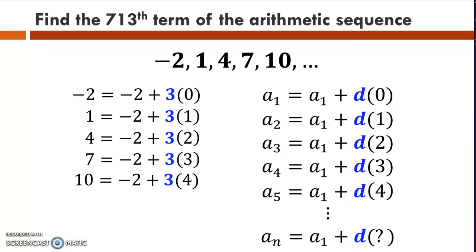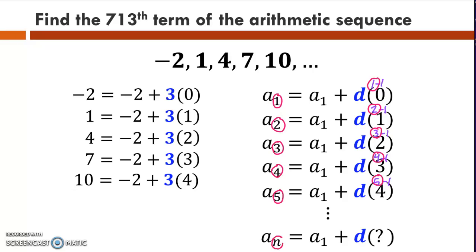Right here, 0 is 1 minus 1. 1 is 2 minus 1. 2 is 3 minus 1. 3 is 4 minus 1. And 4 is 5 minus 1. Now take a look at this. 1 is n. 2 is n. 3. Here we go. 4. 5, like so.